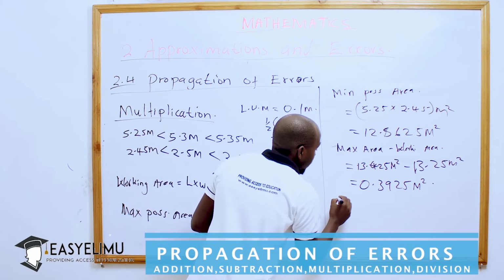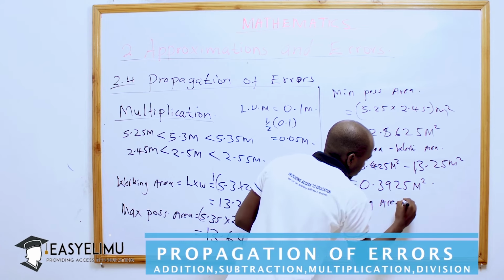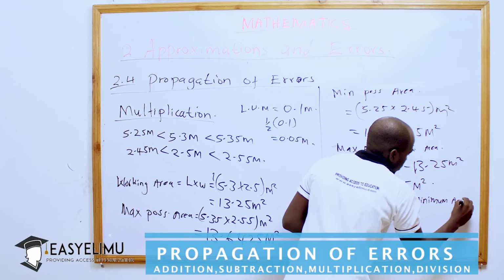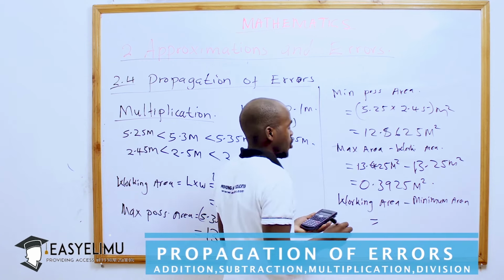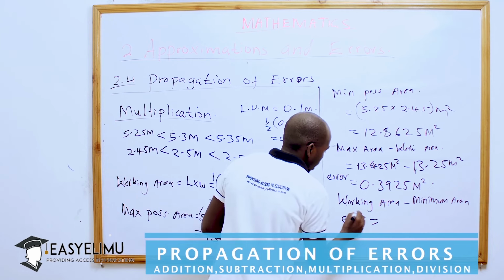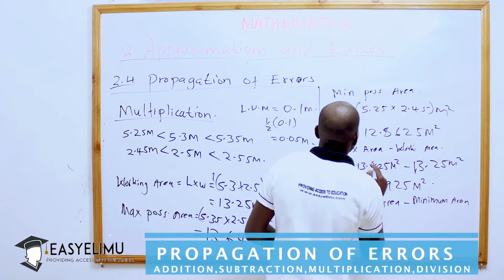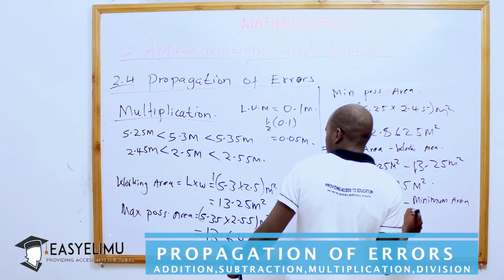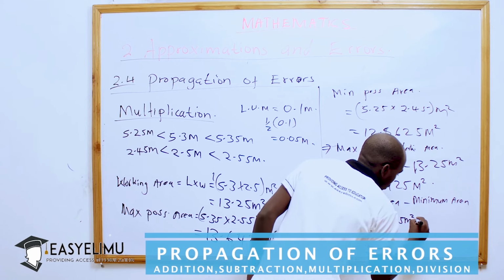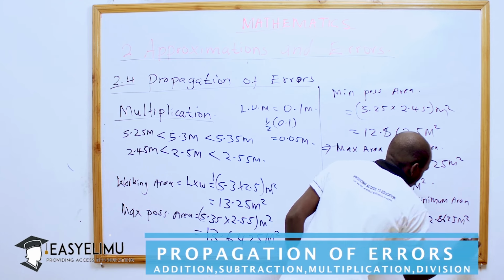Now we are going to get the working area minus the minimum area. So we shall find the error there that occurred. This was the error, and here we can also find the error. That was the minimum area, the working area 13.25 square meter minus 12.8625 square meter.